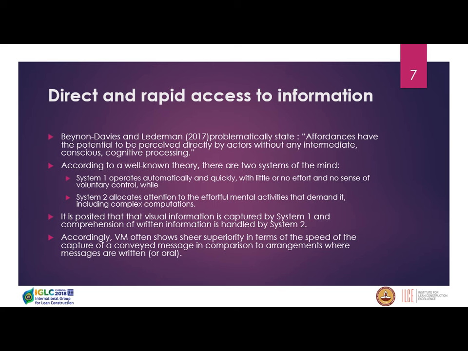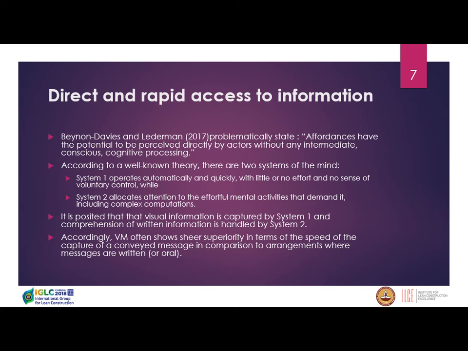But what is the explanation for this kind of direct capture? Of course, there's a well-known theory presented for example by Kahneman, that there are two systems of the mind. System 1, which is automatic and quick without voluntary control, and system 2, which is controlling mental activities and is handling speech and understanding speech and so on.